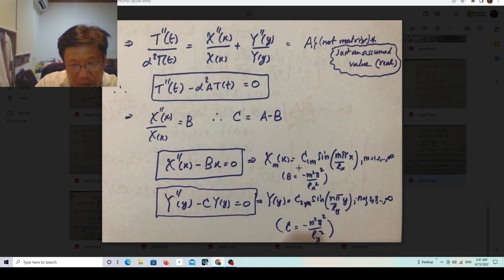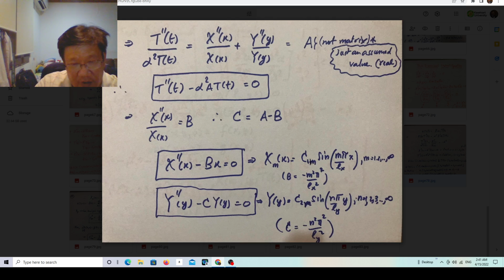For this one, both of them declare that b is in this form, the x function. This is second order, and b needs to be a negative value, and c needs to be a negative value, because with negative values this is how they come up with this solution. I bypass a lot of things here because we already did it before on a similar equation.